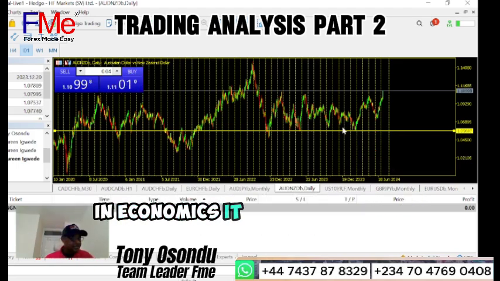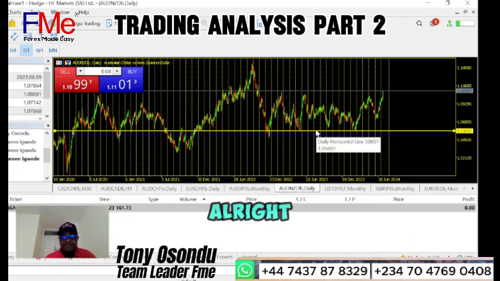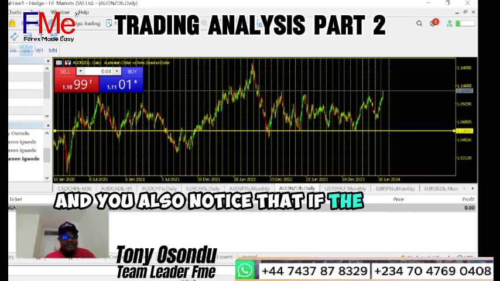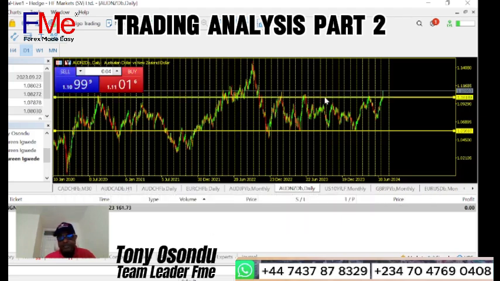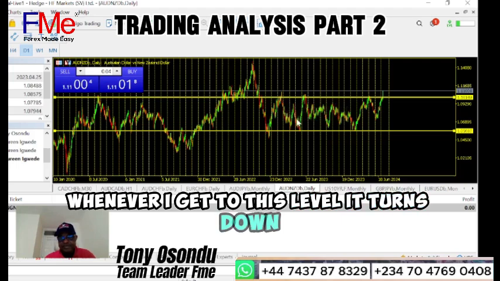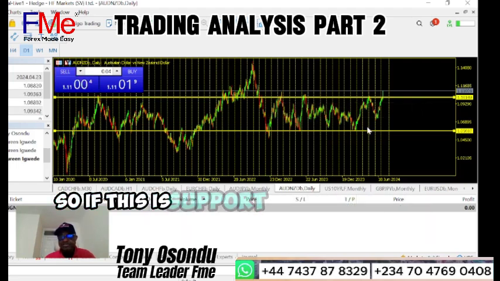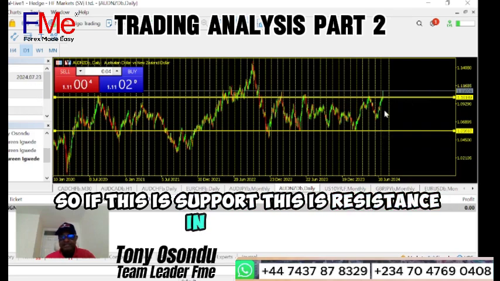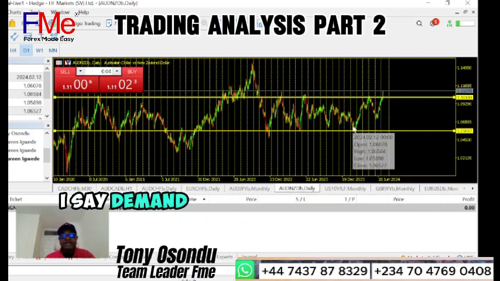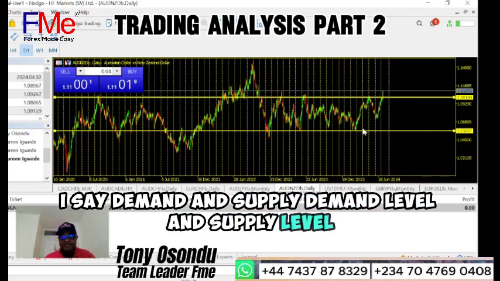In economics, it is called demand. And you also notice that if the market goes up here, whenever it gets to this level, it turns down. This level is called the resistance level. So if this is support, this is resistance. It is the same as saying demand level and supply level.